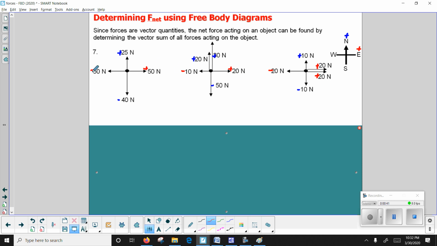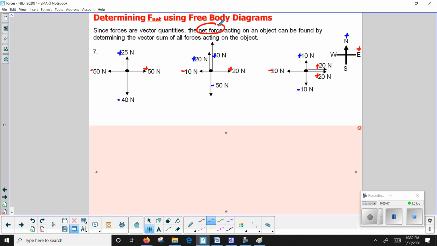All right, so what we're going to do is look at these diagrams and look for the overall force acting on each of these objects. The way we do this is just by looking at it visually, first of all. So in the first diagram here, I've got 50 and negative 50 in my horizontal. They cancel. I don't have to worry about them.